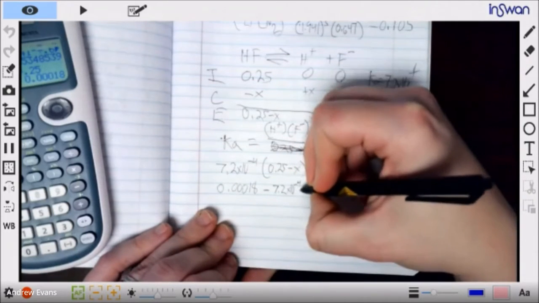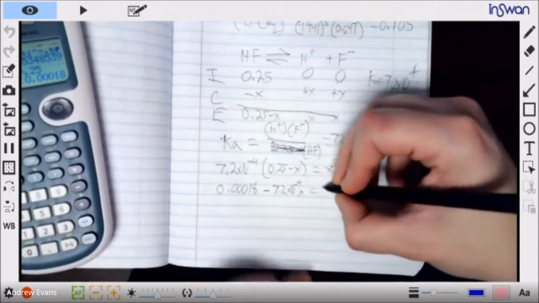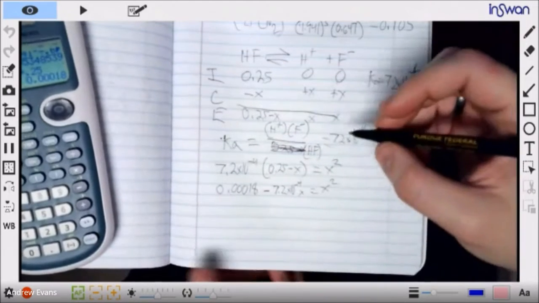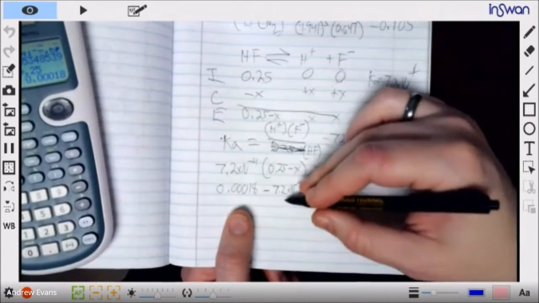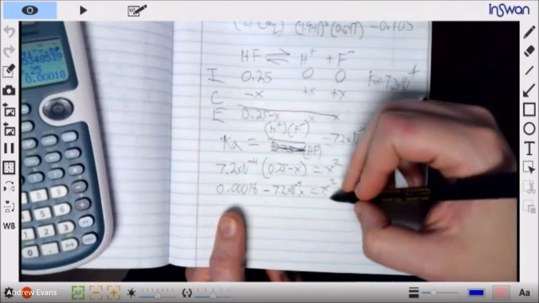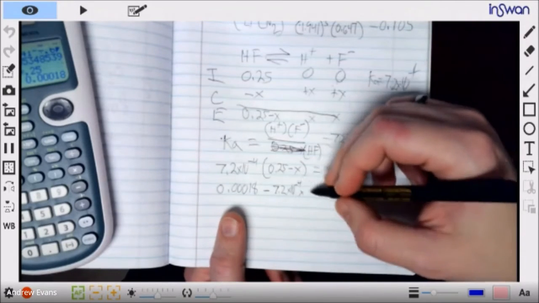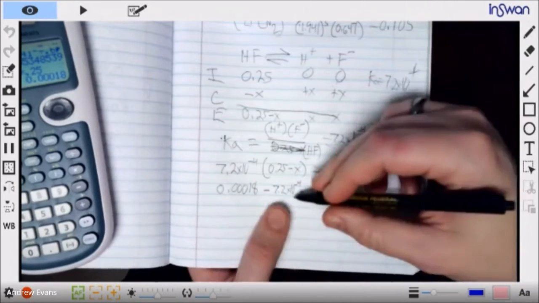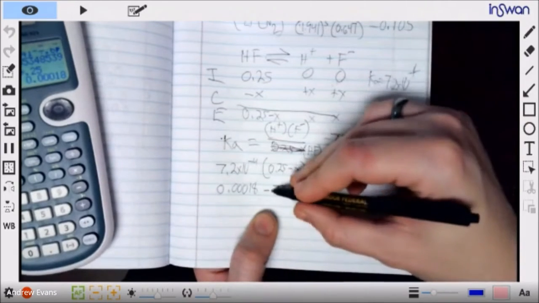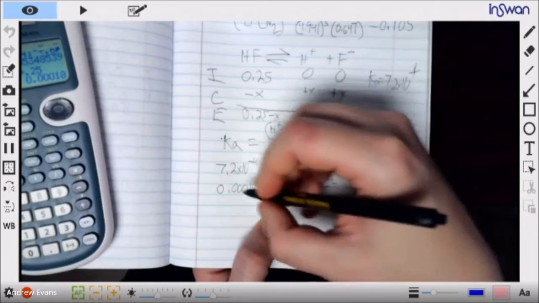The last step to get this into quadratic formulation is to get all these to one side. It's better to have a positive x squared than a negative x squared. So I'm going to move that to this side and that to this side. So I'm going to add 7.2 to both sides.